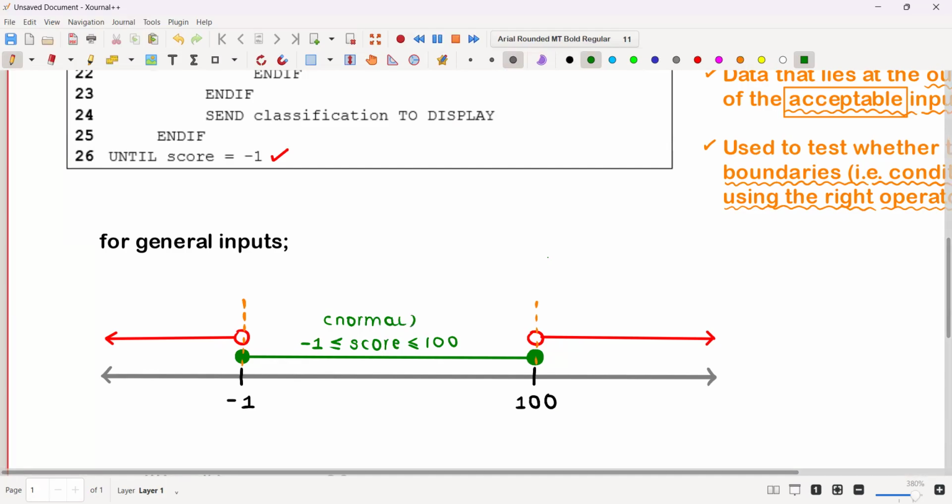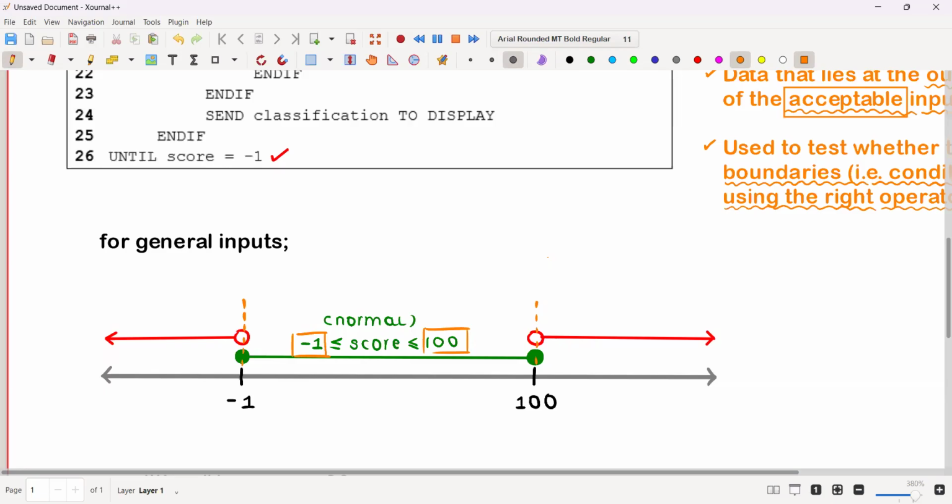That's how you figure out the normal range. It's basically what range of inputs are accepted. Now, when you write this inequality, see what numbers lie on either side of it. Ask yourself, are these numbers accepted? Are they in the accepted range? Are -1 and 100 accepted? Yes, correct, they are in the acceptable range.